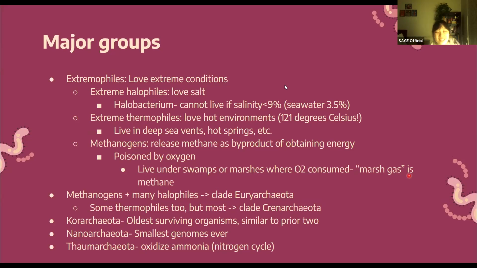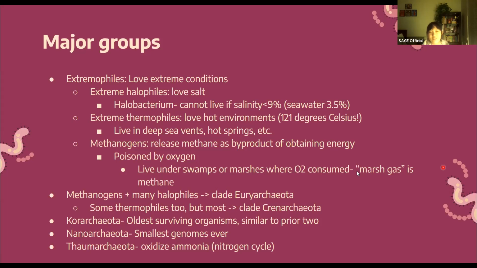Basically you have a swamp, and on top of the swamp you have a bunch of plants, and these plants stop oxygen from reaching under the swamp. And so methanogens, who are poisoned by oxygen, will live in these swamps and release methane. Whoa, sorry, almost fell here. Okay, anyway, and that's what marsh gas is.